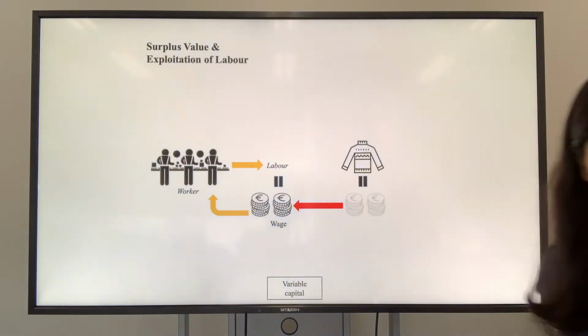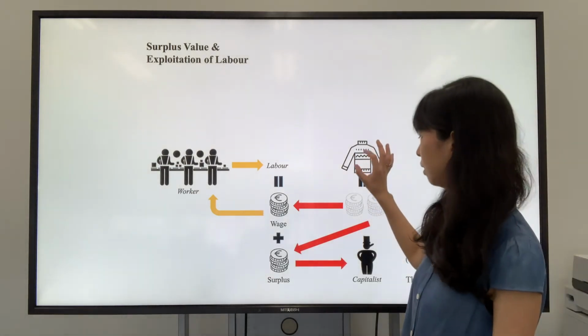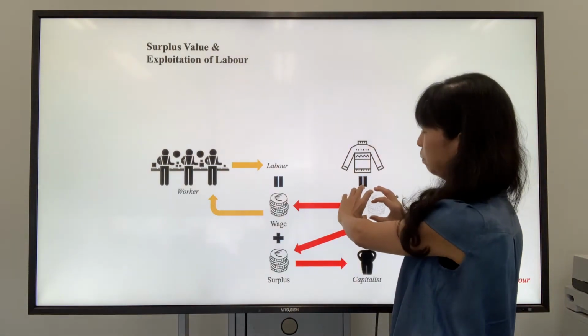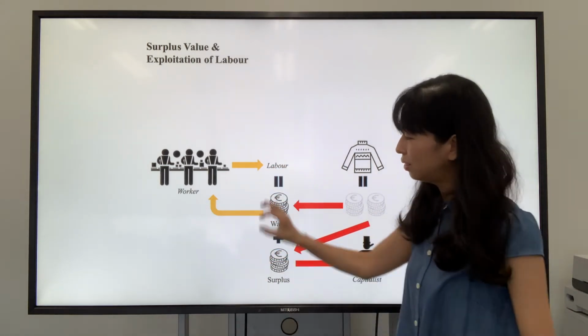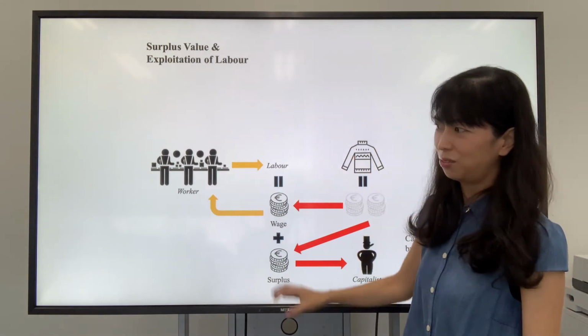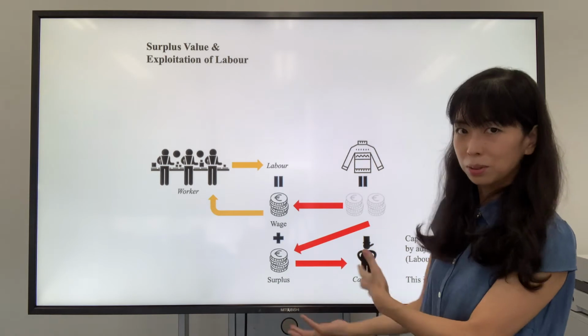However, the trick is that in between there is another process whereby this amount of money is split into wage and surplus. This is the dark side of the variable capital, because it's changeable, it's variable.